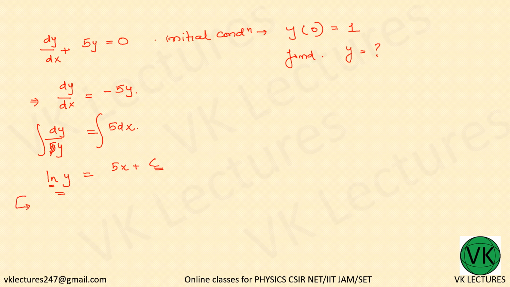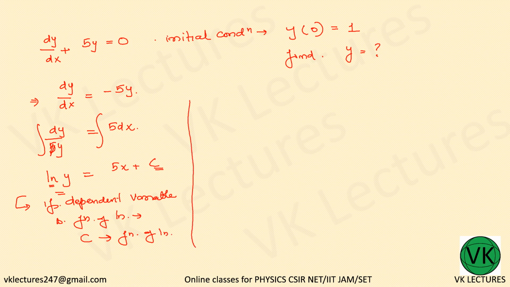Okay, now just remember, if the dependent variable is a function of log or any other function, then it is better to write the constant also as a function of log. Okay, so rewriting the equation that we have got right now, we can write log y equal to 5x plus log c.